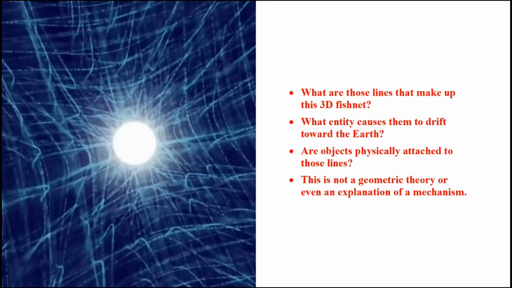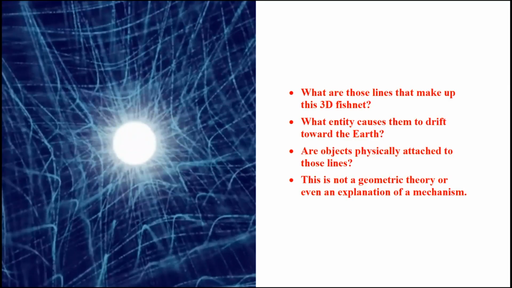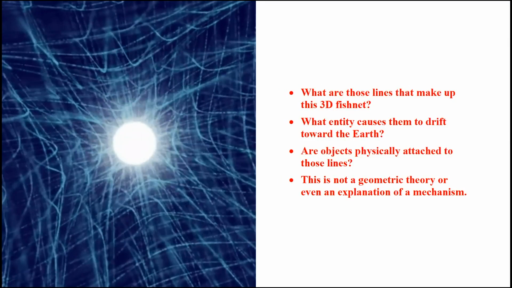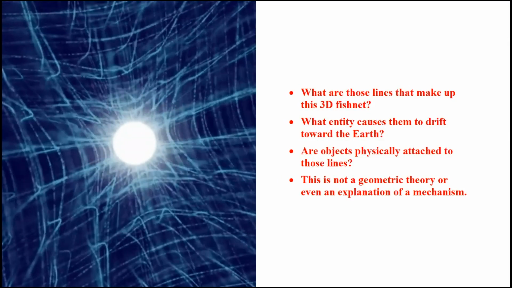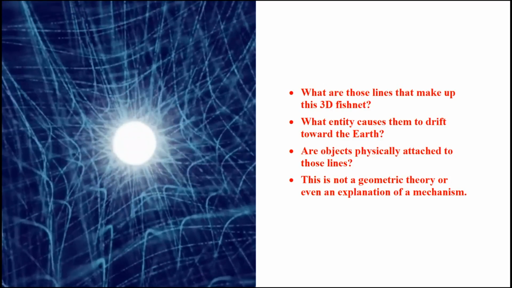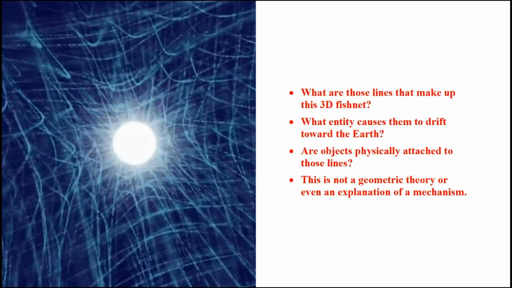It's not even an explanation of a mechanism, because if that fishnet is made of time, as they say, and what you have is warped time, then you're not talking about a geometric figure. What you're talking about is the flow of time. Time is somehow pushing or pulling objects because it flows. So what these people are saying is that time either pulls or, more likely, pushes objects towards the center of the Earth because time is warped. There's a flow of time pushing on this pencil.